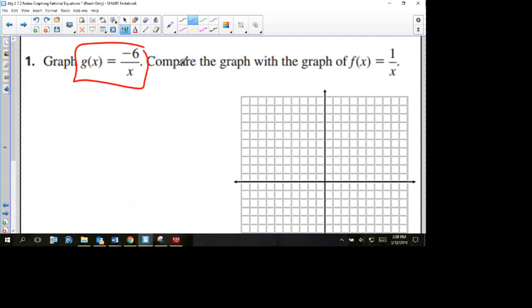Let's see if my copies came out. Make a table.